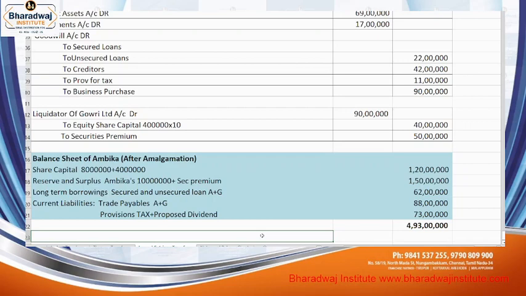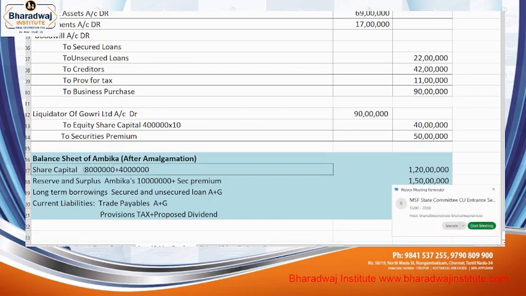Please follow a proper format in the exam. In the classroom, it's okay. Share capital, this one, Ambika plus purchase consideration.